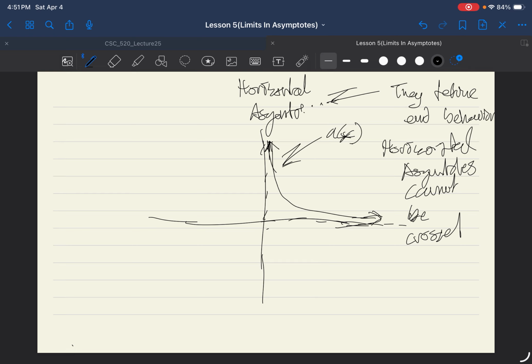This function is actually a great example of a function that can never hit 0. And therefore it has a horizontal asymptote, but it'll get very, very close to 0. I think that's a good example of it.